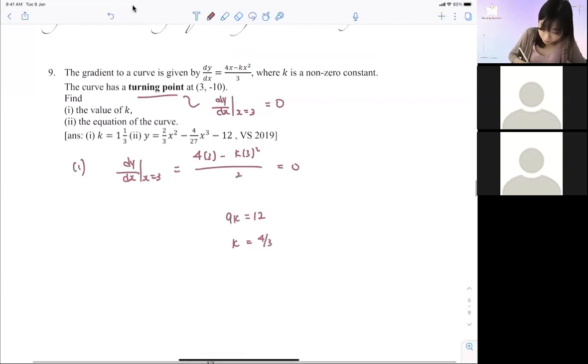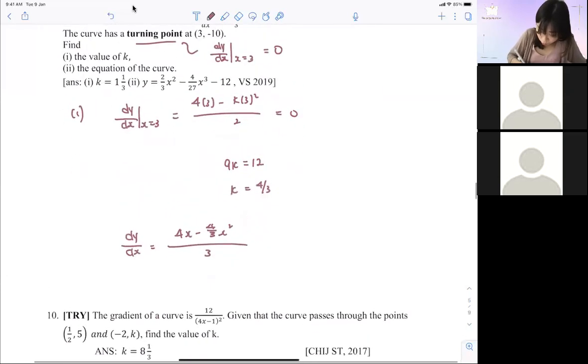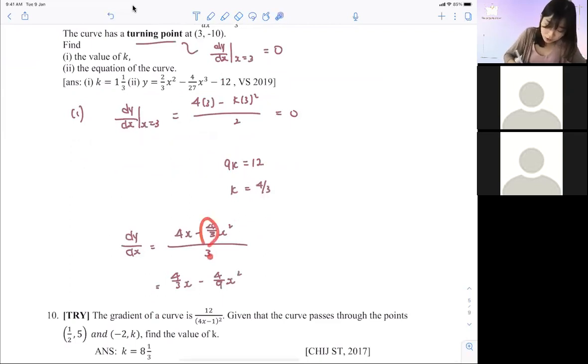Part 2, now we have dy over dx equals to (4x minus 4 over 3x squared) over 3. This one very hard to do, so we split: 4 over 3 x minus 4 over 9 x squared. One fraction in a fraction, very confusing.